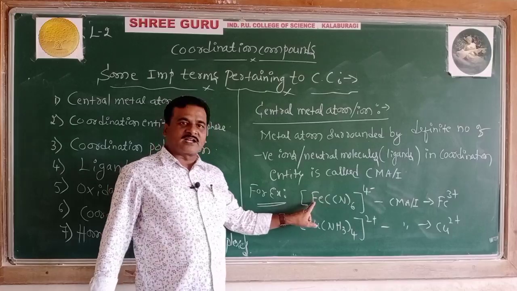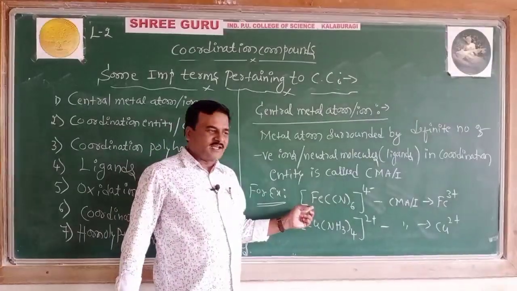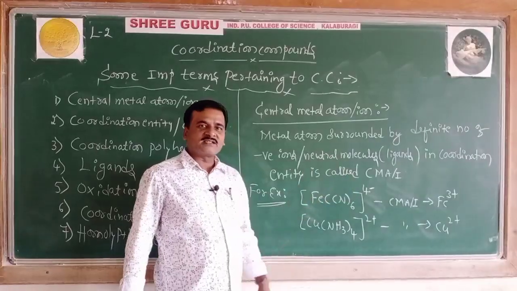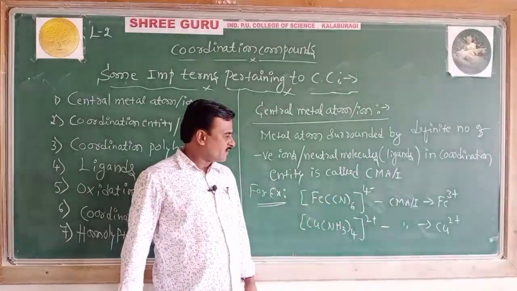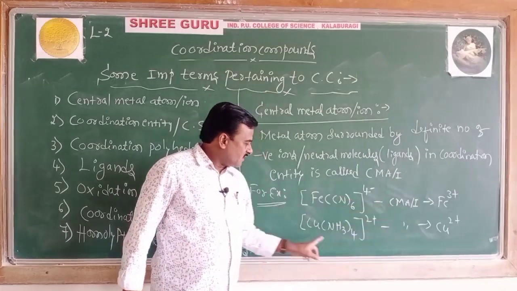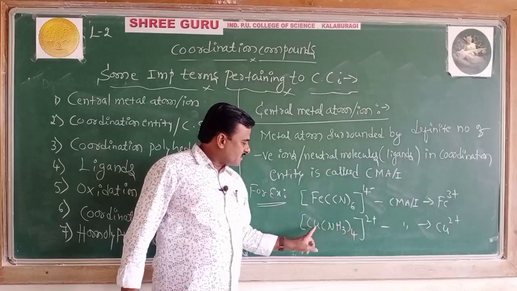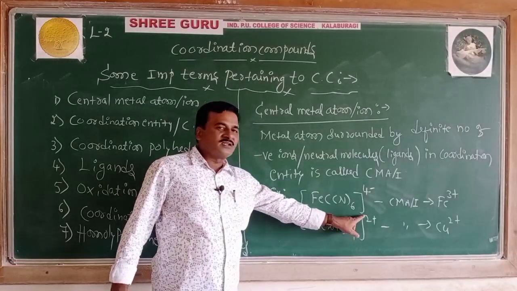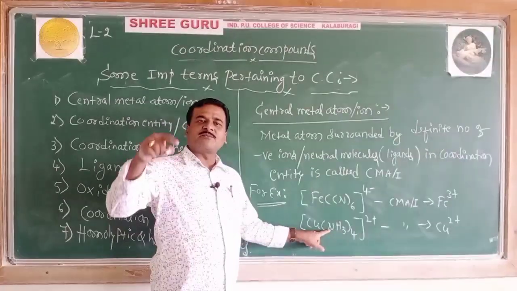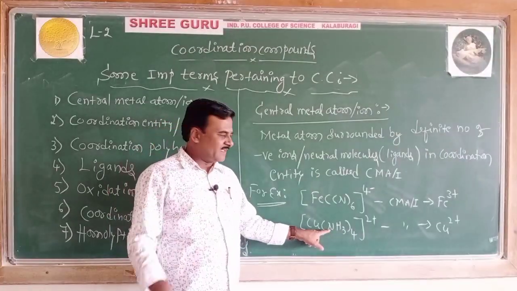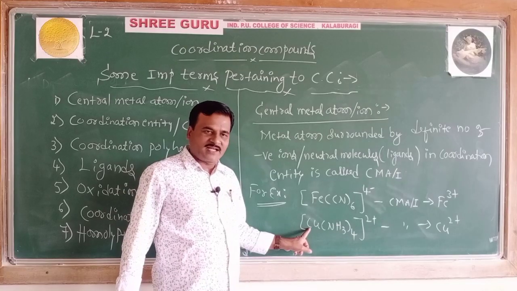Cu2+ is the central metal ion in the coordination entity [Cu(NH3)4]2+, the cuprammonium ion.